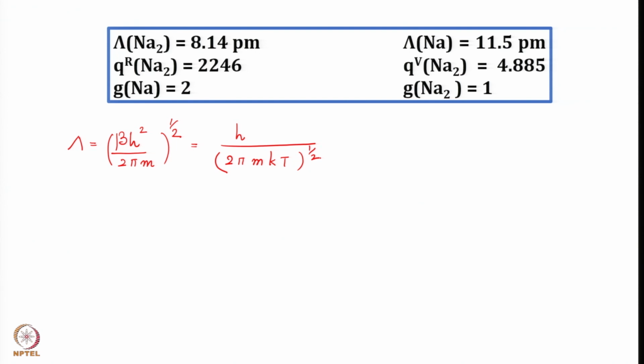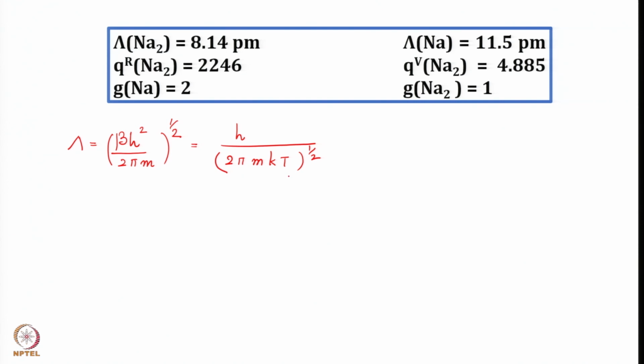Beta is equal to 1 over kT. H is Planck's constant, we know 6.626 into 10 raised to the power minus 34 joule second. K is Boltzmann constant, 1.381 into 10 raised to the power minus 23 joules per Kelvin. T, the temperature, is given to us, so we can calculate the thermal wavelength.